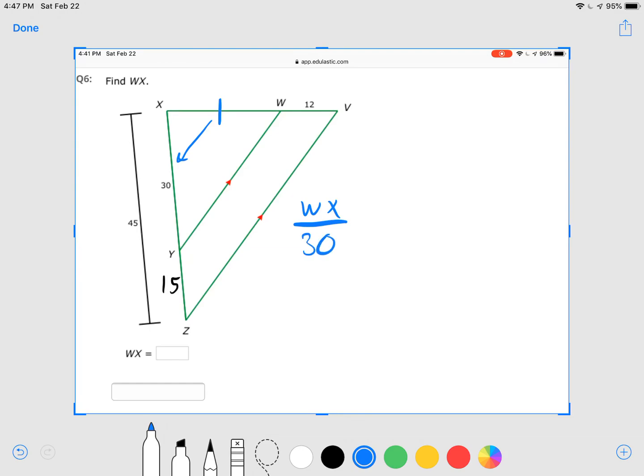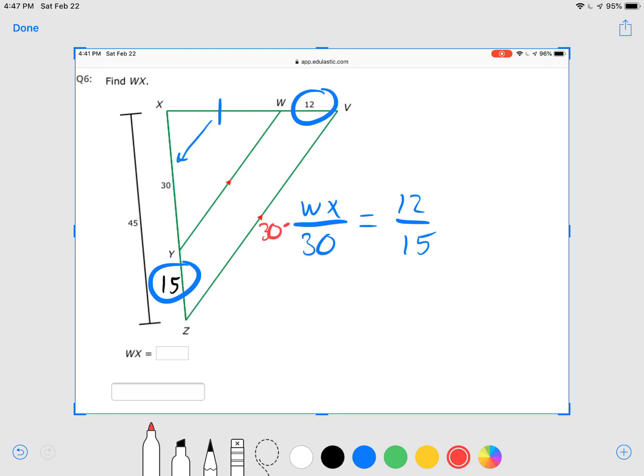So WX over 30 should be equal to the ratio between this leftover portion. It's not even an entire side of a triangle. 12, the ratio between 12 and 15, this other remaining portion down here. So this was the big deal about the triangle proportionality theorem.